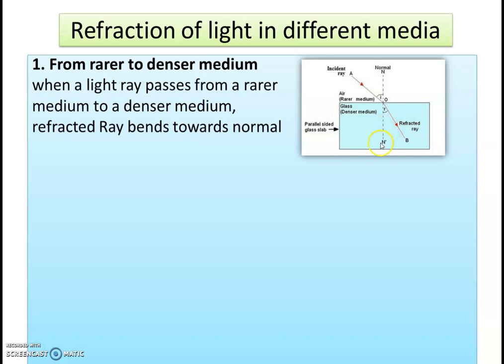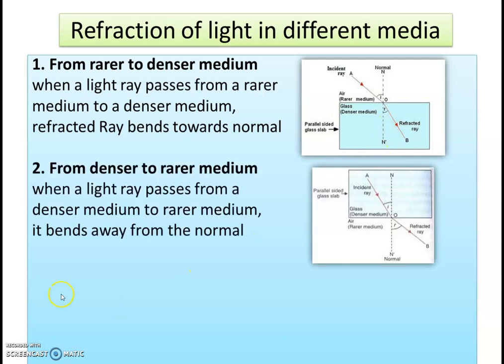The second condition is as follows. When a light ray passes from a denser medium to a rarer medium, the refracted ray bends away from the normal. This can be explained with the help of the following diagram.